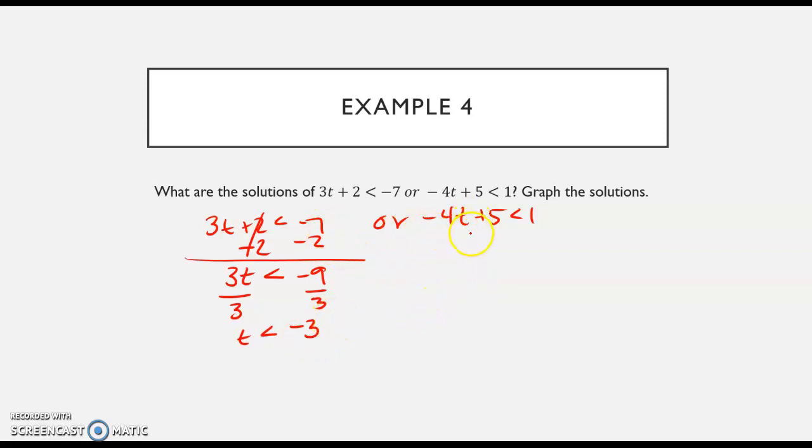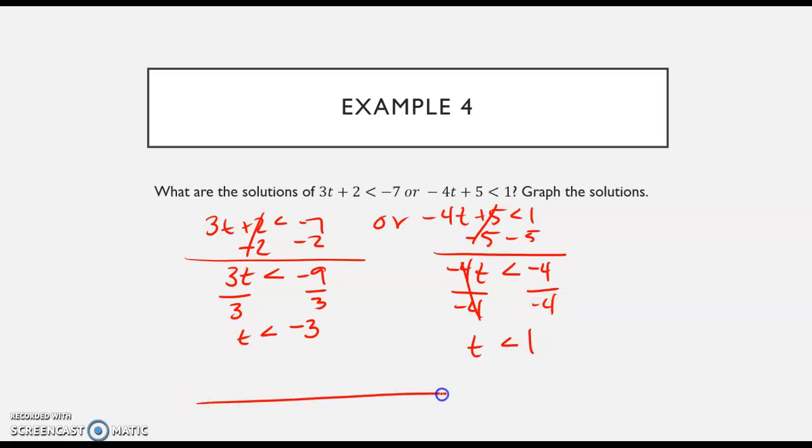That's the first one. And then I come over to the second one. I'm going to subtract 5 from both sides to make that become a 0. And we're left with -4t is less than 1 minus 5, which is -4. And then we're going to divide by -4. And so t will be less than -4 divided by -4, which is 1. And from here, we just have to graph.